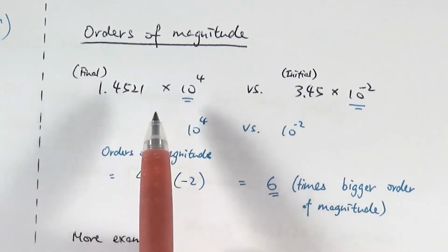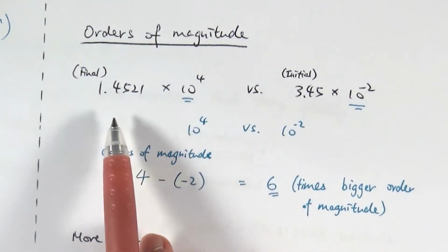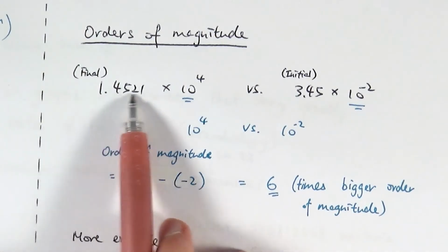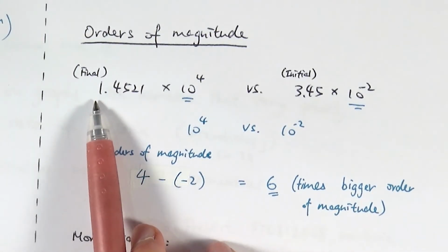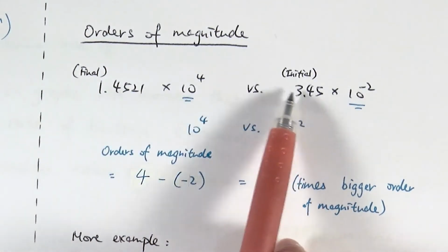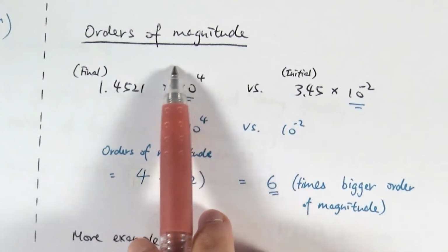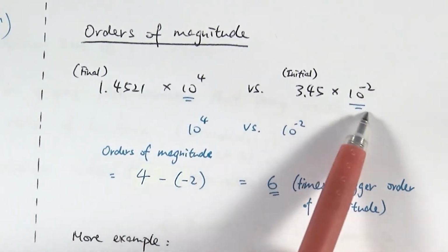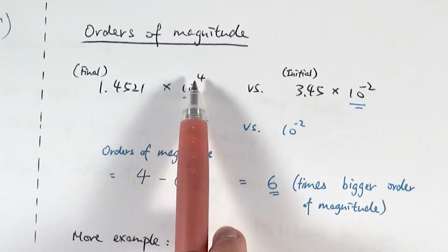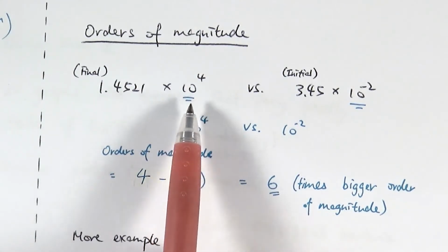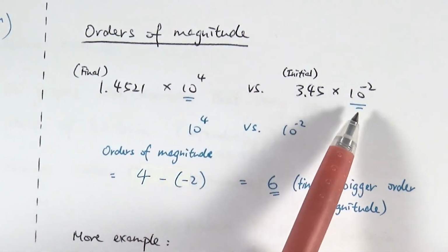So let's just say we have to compare two different values. Because we already turned the numbers into standard form, for orders of magnitude we just look at the 10 to the certain index there. So in this case, let's say it's 10 to the 4, and this one's 10 to the minus 2.